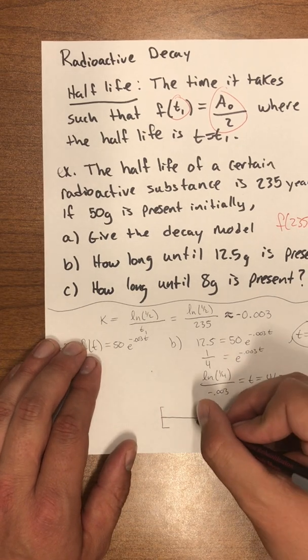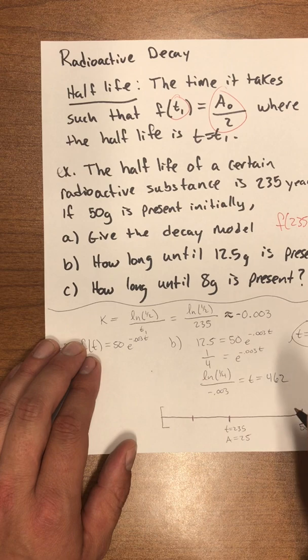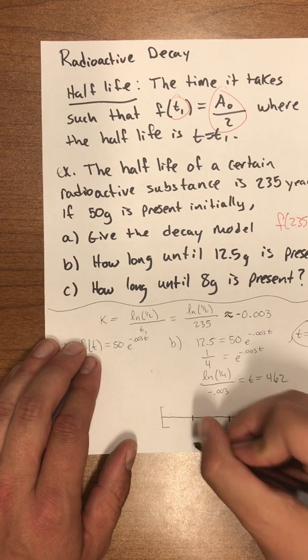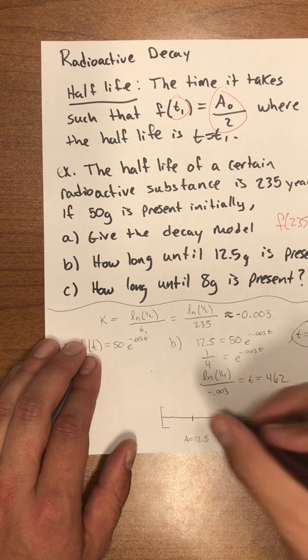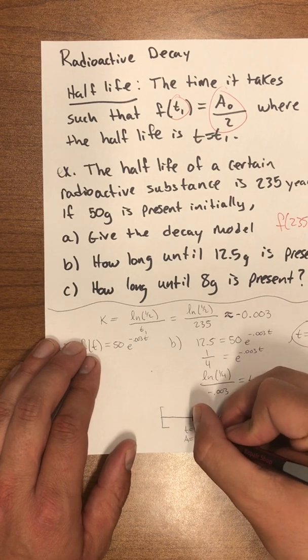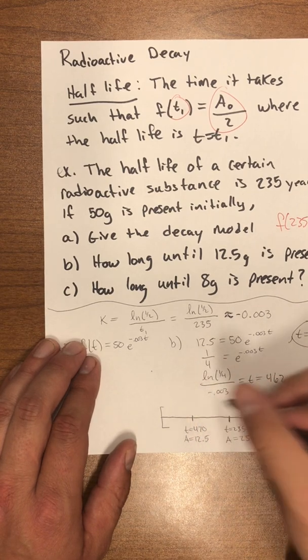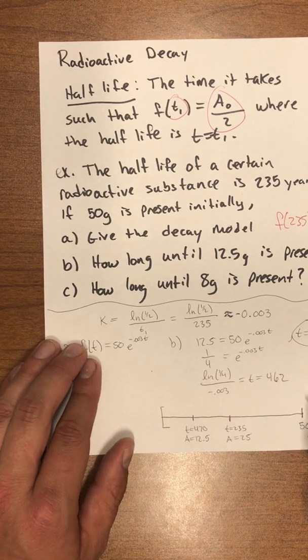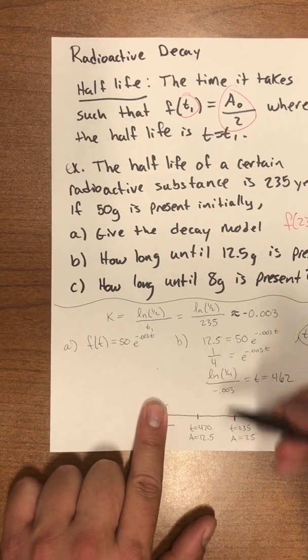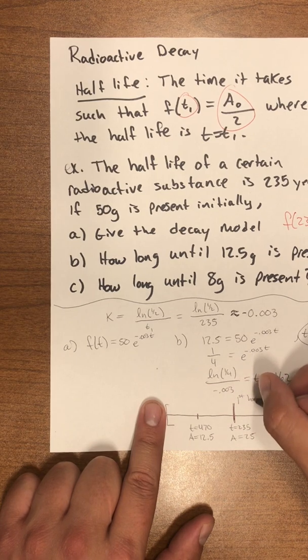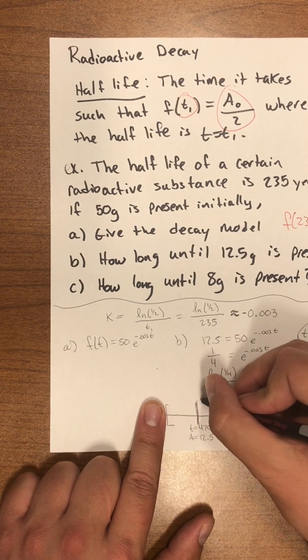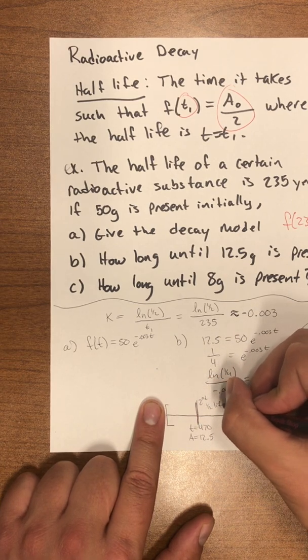Then if we go another 235 years, we get half of that amount. So a equals half of 25 when t equals 470. This isn't a number line, I'm just giving you a visual of here's the entire amount, cut it in half at the first half-life, so 235 years, then cut that in half at the second half-life.